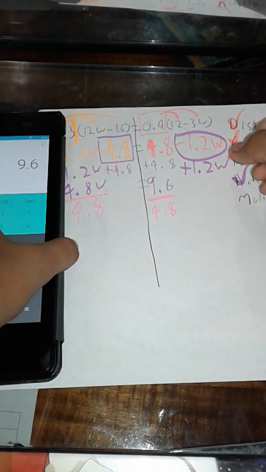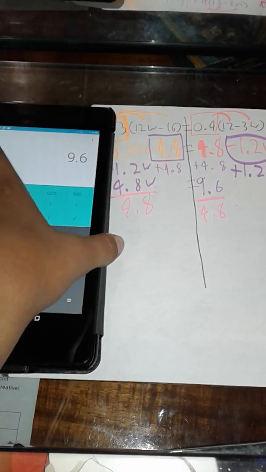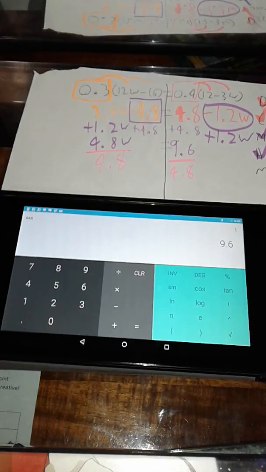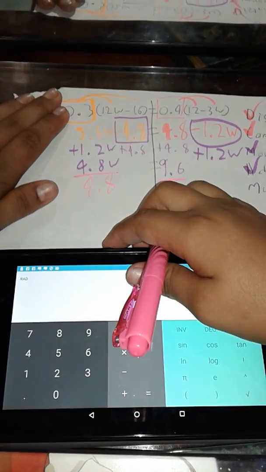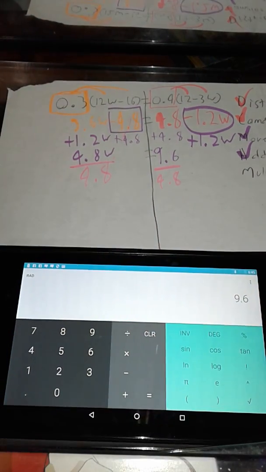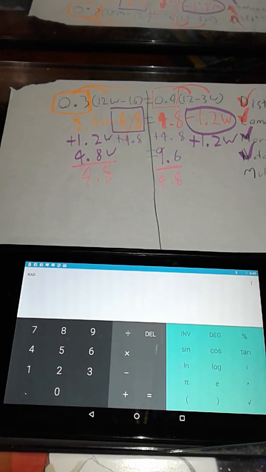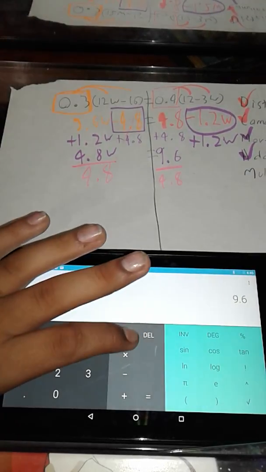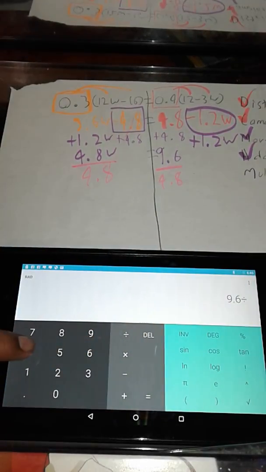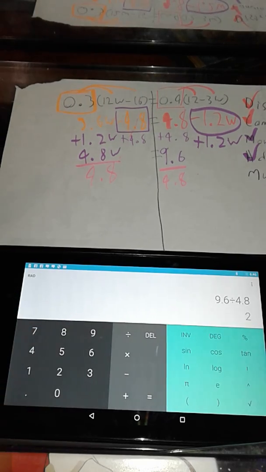Get the calculator. 9.6 divided by 4.8 gets 2.